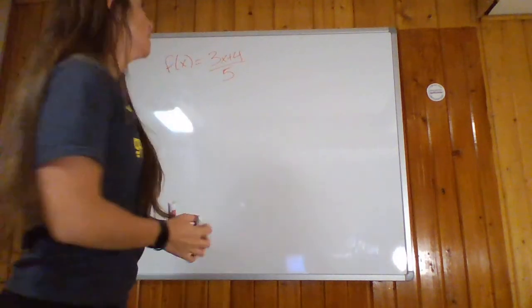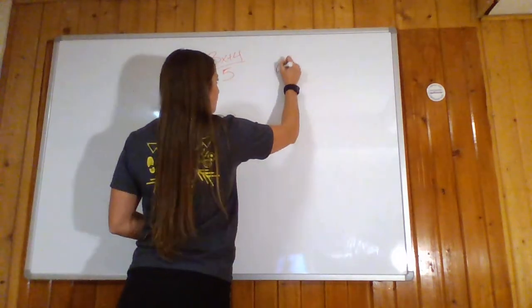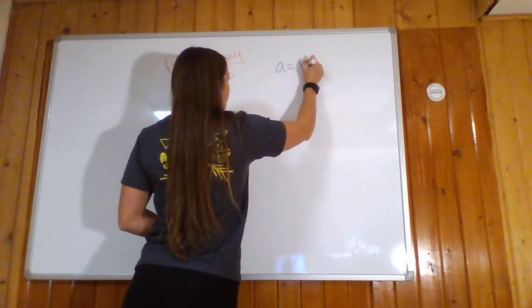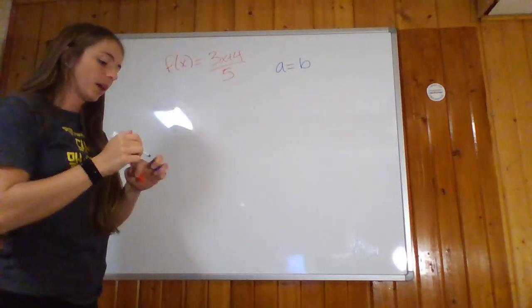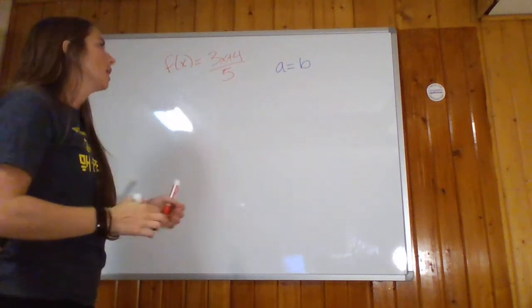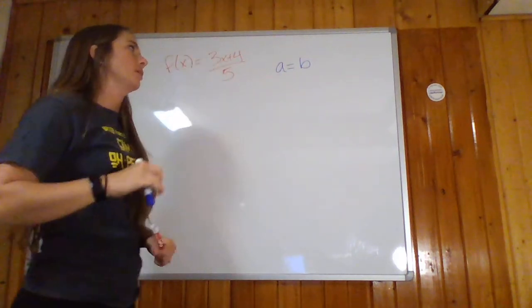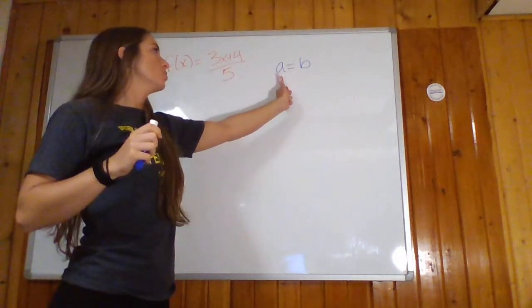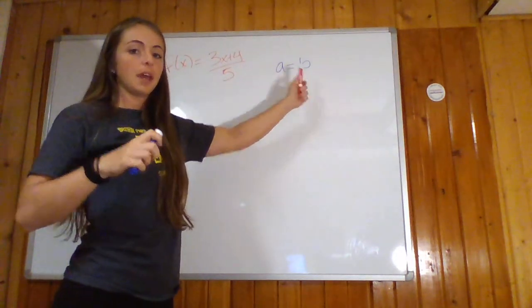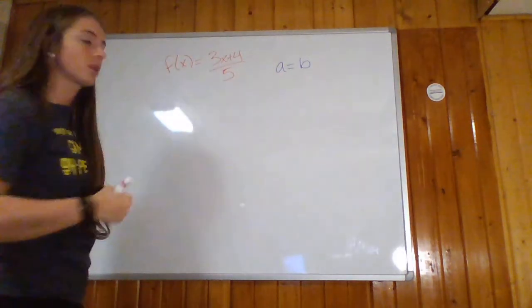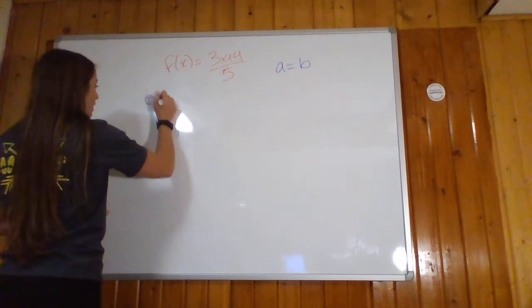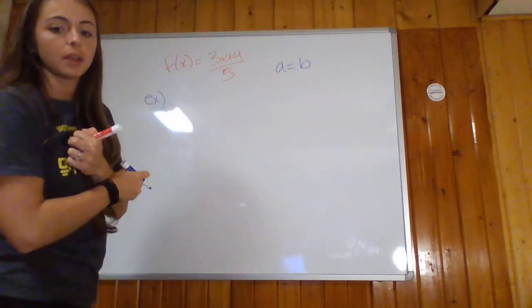So if we can replace every x with a on one side of an equal sign, and on the other side every x with b, and finally get down to a equals b, then the function is one-to-one. So I'm going to show you two examples, one when it is one-to-one and one when it's not.